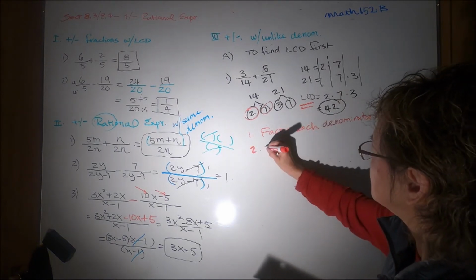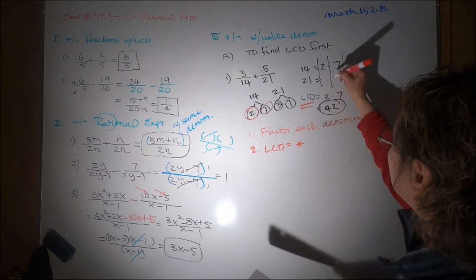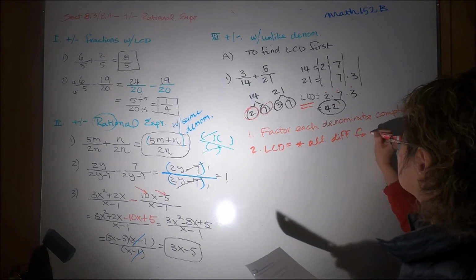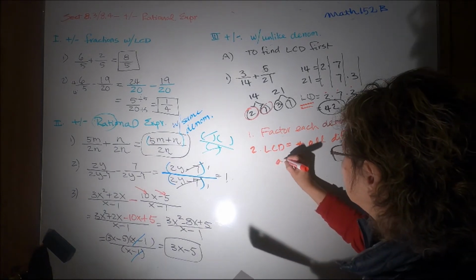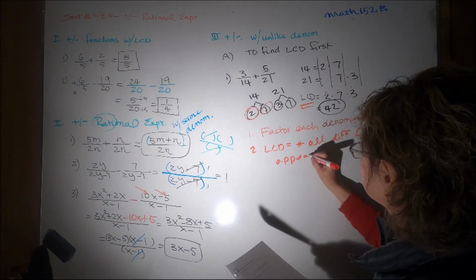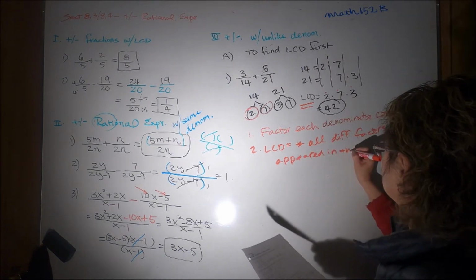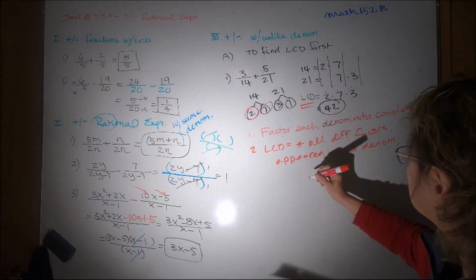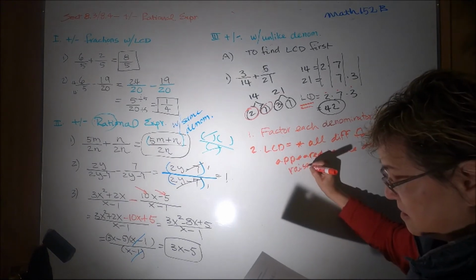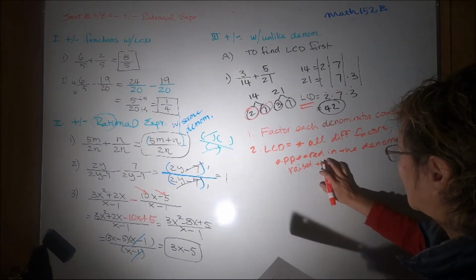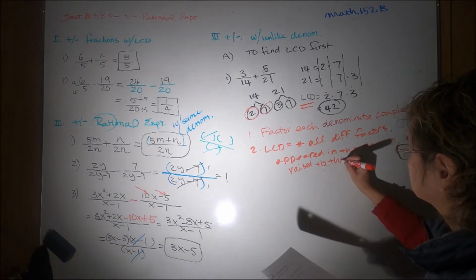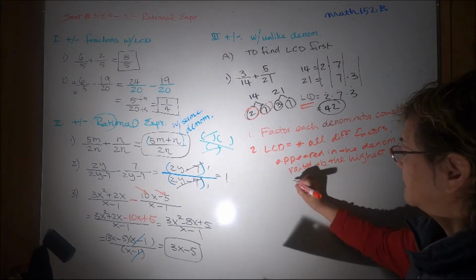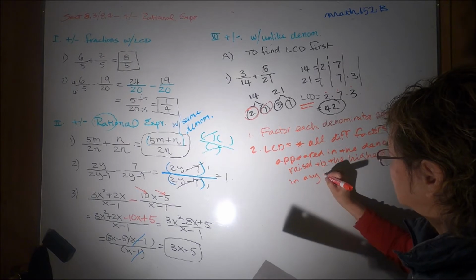Then how do you find your LCD? You multiply all the different factors that appeared in the denominators, raised to the highest power in any one denominator.